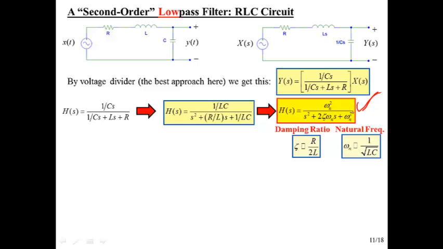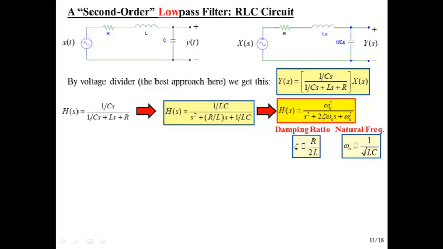So the omega sub n squared is the square of the natural frequency. We come over here and we see omega sub n squared is 1 over LC. Therefore, omega sub n is 1 over the square root of LC. And again, if you've designed any circuits following some design rules, this 1 over square root of LC thing you've probably seen before if you've dealt with any RLC circuits before.